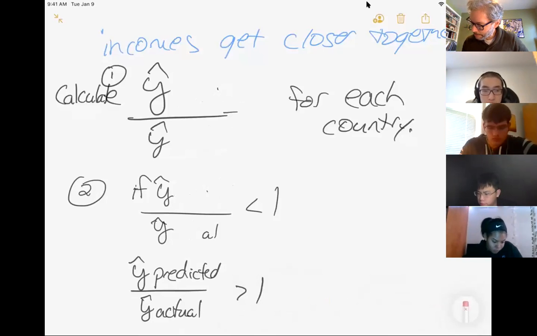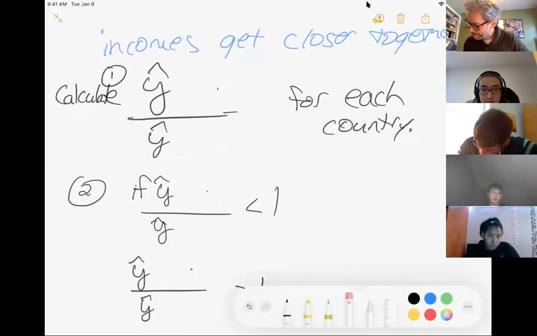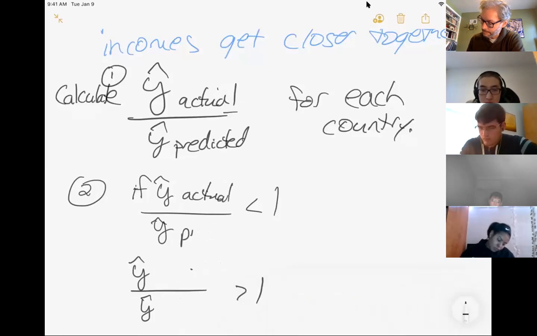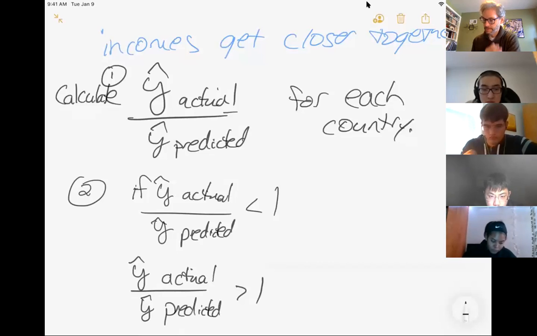I wrote this backwards. Sorry about that. They actually calculate the ratio of actual to predicted. And I wrote predicted to actual. Sorry about that.